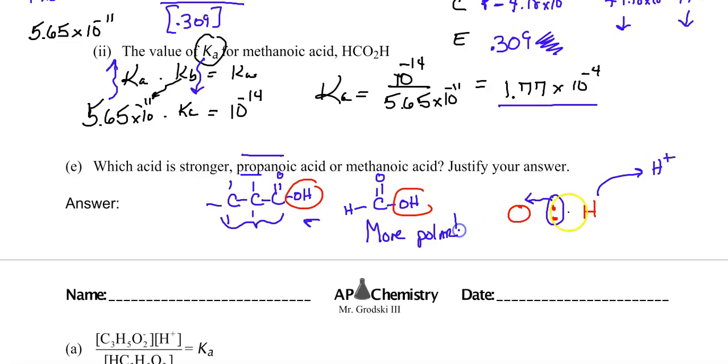So the more polar it is, the more these electrons will drift this way and the easier for the H to go. So you would say methanoic acid is the stronger acid with the higher Ka, because of more electron drift, because of more polarity. All right, that's how that works. Hope that helped.